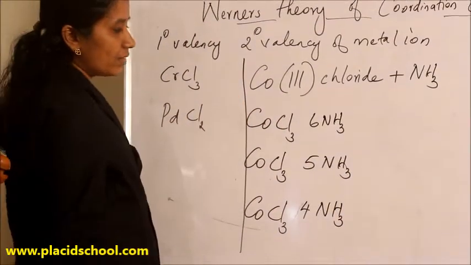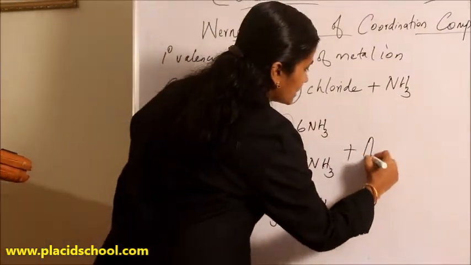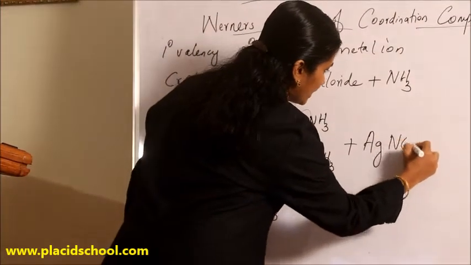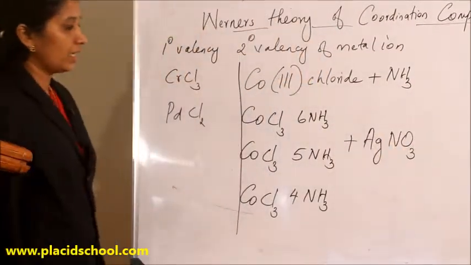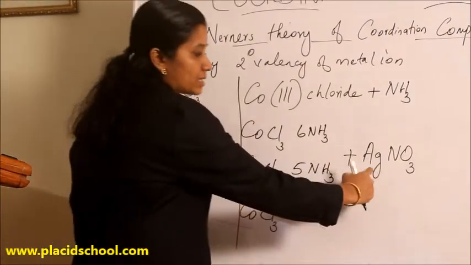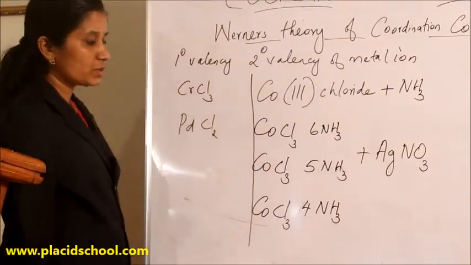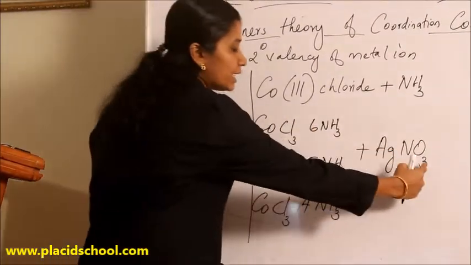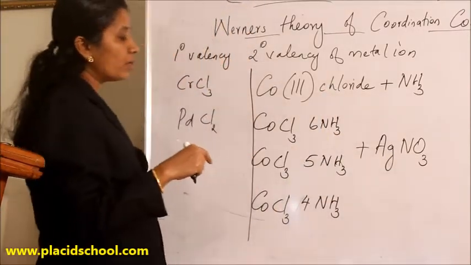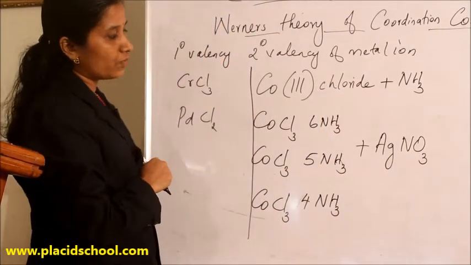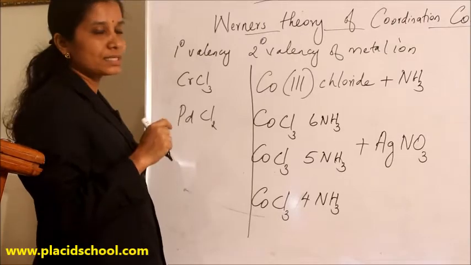He treated these compounds with silver nitrate solution, AgNO3. As you all know, this is a test for chloride ion. When silver nitrate solution is added to a compound containing chloride ion, we get a white curdy precipitate of silver chloride.